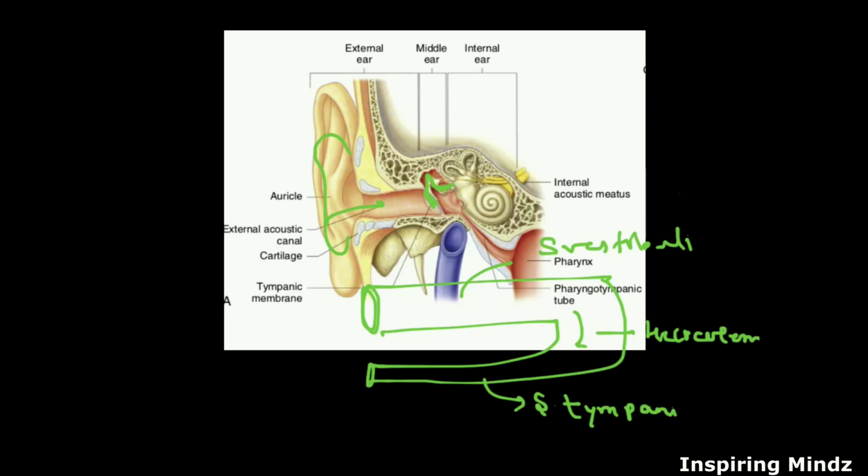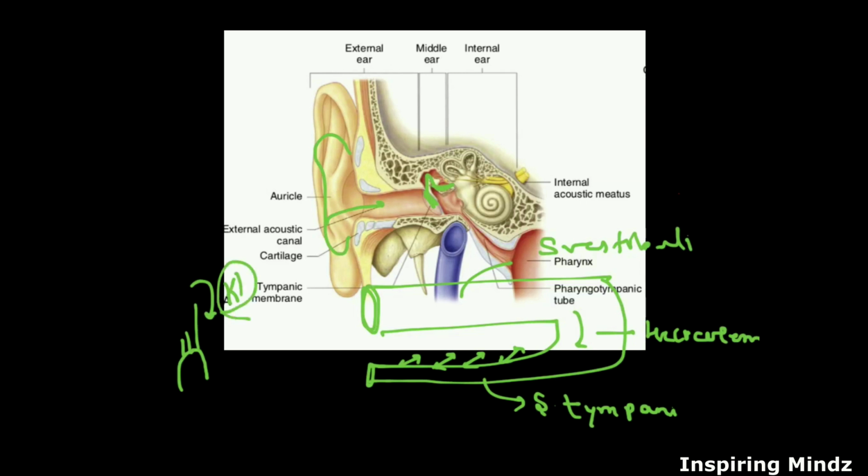Once this movement travels in the scala tympani, this will lead to the vibration of the basilar membrane. And now when the basilar membrane moves, on the basilar membrane are present the hair cells. Now these hair cells will undergo distortion, and there will be opening of the potassium channel.